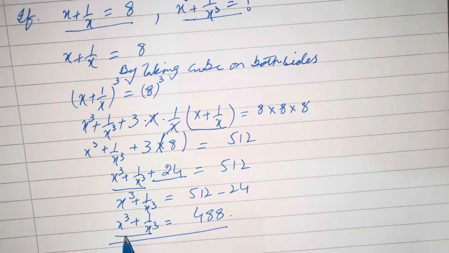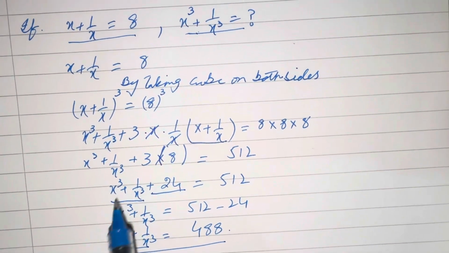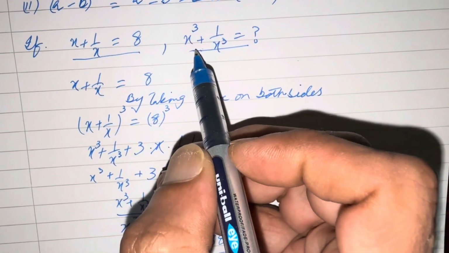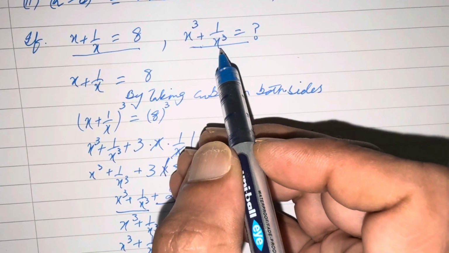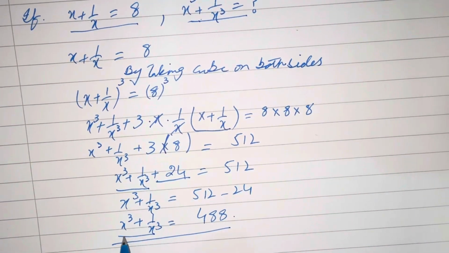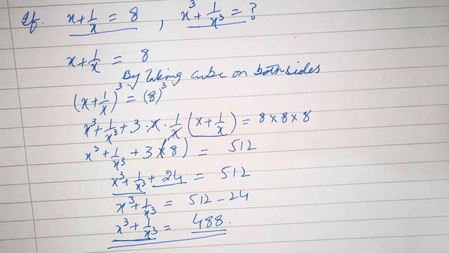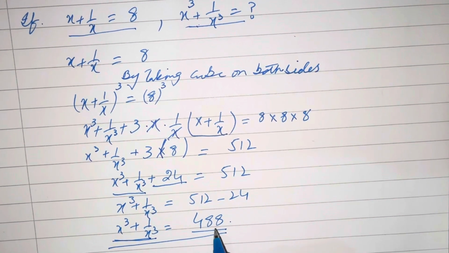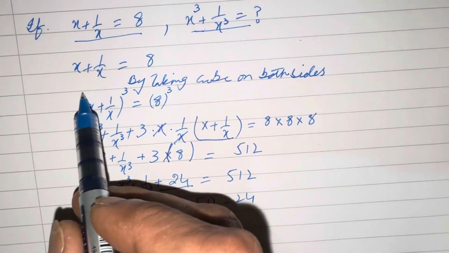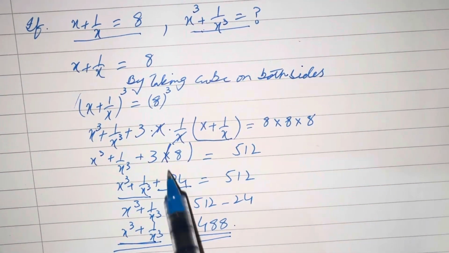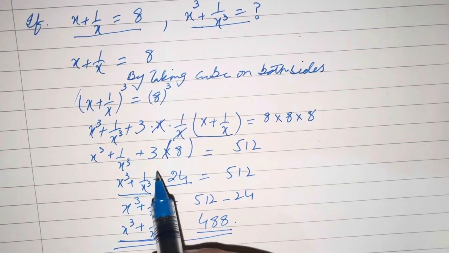So we have found the value of x cube plus 1/x cube as given in the example. ये x cube plus 1/x cube की value आपके पास 488 आ गई. So that's the way that by using the formula, we can find the values.